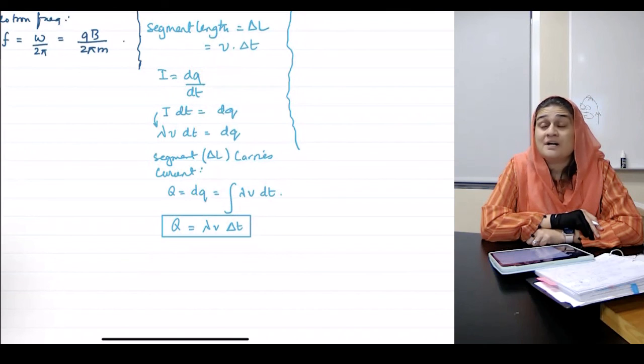Note, I have just gotten rid of the delta L in my equation. So all I'm concerned about basically is the q that's flowing through that segment in time t, which is a basic definition of current.